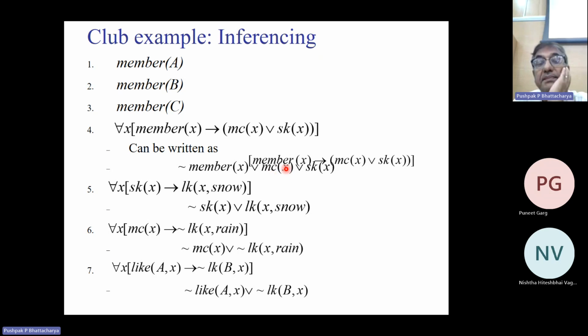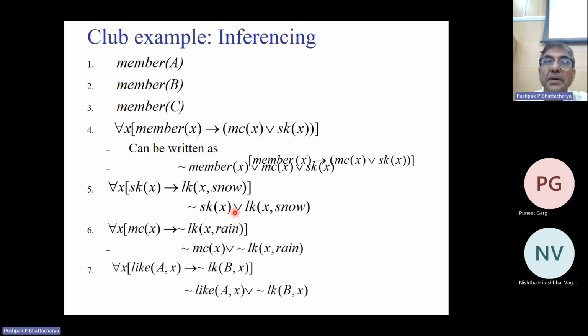So member(x) implies MC(x) or SK(x) is in the form P implies Q, which is not P or Q. So now it becomes not member(x) or MC(x) or SK(x). For all x, SK(x) implies like(x, snow) can be written as not SK(x) or like(x, snow). After dropping the universal quantifier and converting implication to not and or, we are representing all the pieces of knowledge in clausal form.